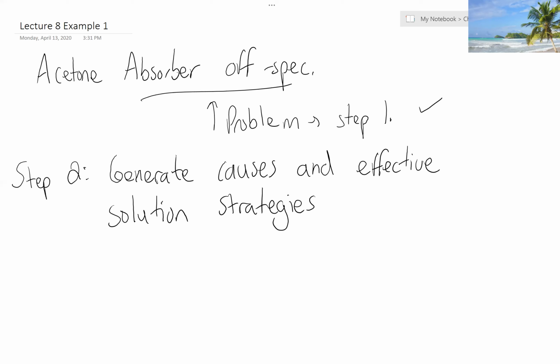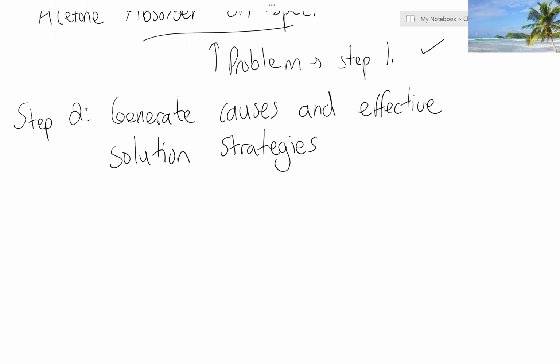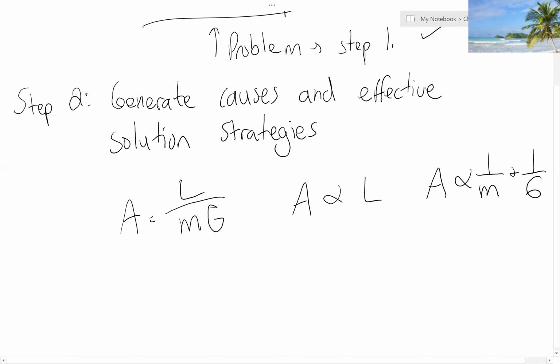So following this, there's a lot of ways in which this acetone absorber can come off. Looking at our absorption equation, we know that the absorption is directly proportional with our liquid feed rate, and it's indirectly proportional with our gas flow rate and our partition coefficient.